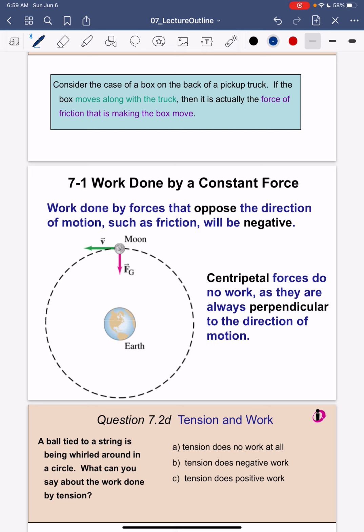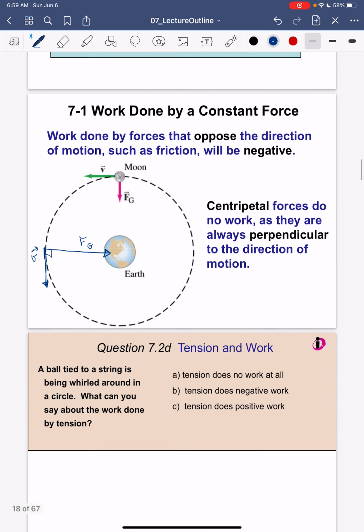Now remember, for any point here, the direction of the motion, or the displacement, is the direction of the tangent velocity, and the force is centripetal, so it is towards the center. Then this is 90 degrees and cosine 90 is 0.